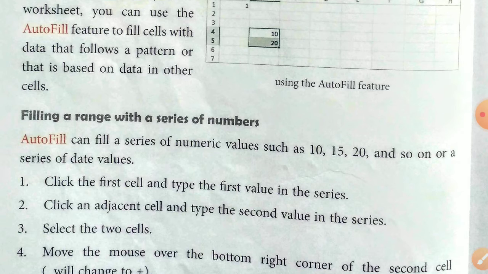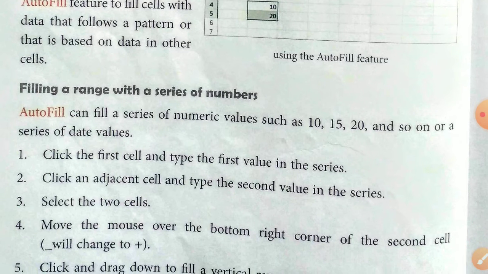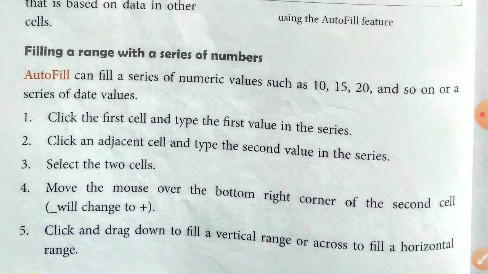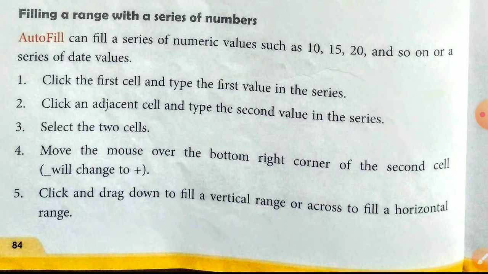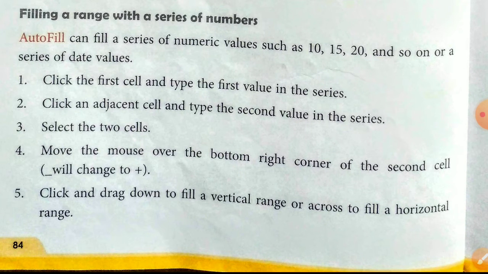Then click on the adjacent cell and type the second value in the series. Then select the two cells and move the mouse over the fill handle at the bottom right corner of the second cell. The pointer will change from a plus sign to a cross. Then click and drag down to fill a vertical range or across a horizontal range.